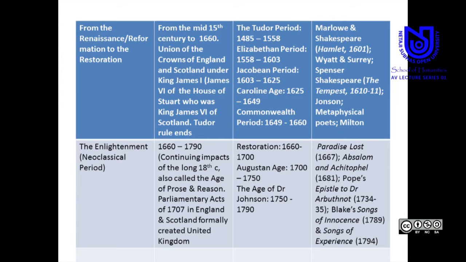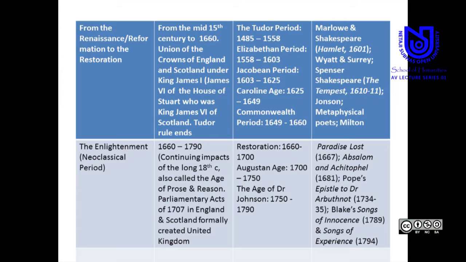In terms of time frame, we are looking at the period from the mid-16th century to 1660. And this again is divided into several political periods in terms of reign. We have the Tudor period, the Elizabethan period, the Jacobean period, the Caroline age, and the Commonwealth period.